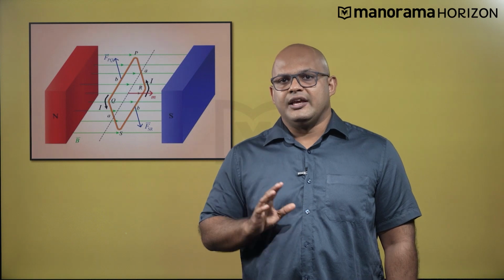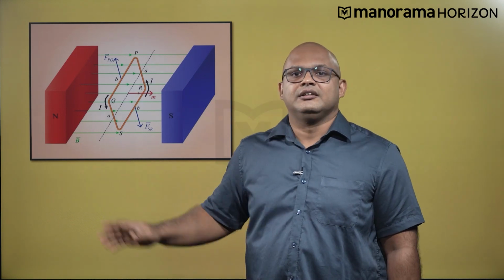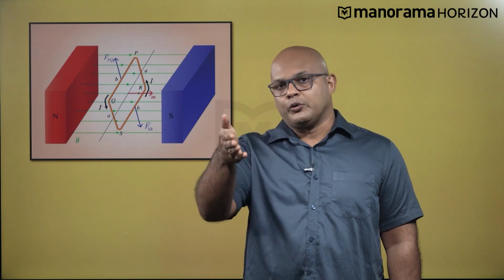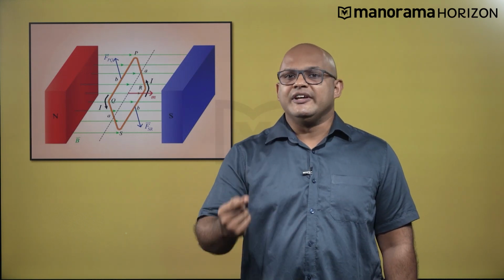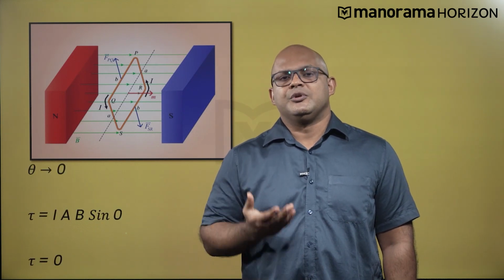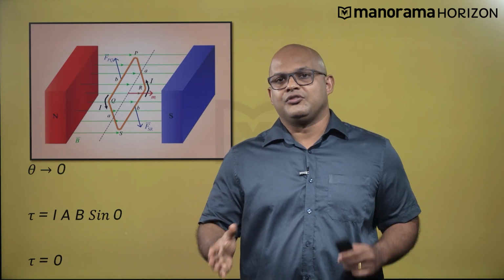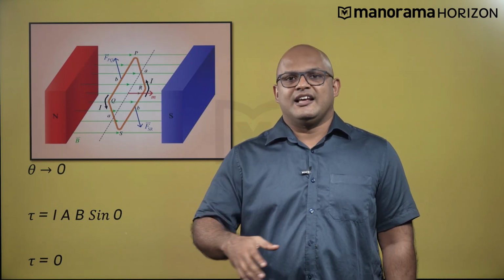Coming back to the case of the magnetic dipole, we understand that for various values of theta, that is, various values of rotation of the coil, we will get various values of torque. As theta tends to 0, the perpendicular distances between the forces FPQ and FRS reduce to 0. There is no offset between them, there is no misalignment between them.